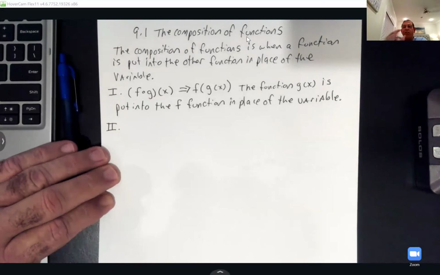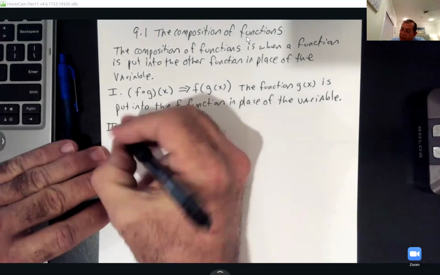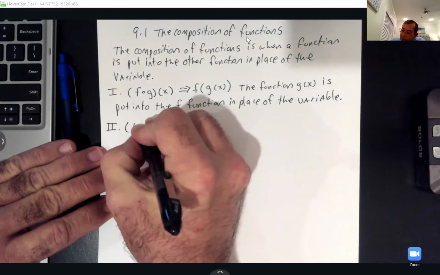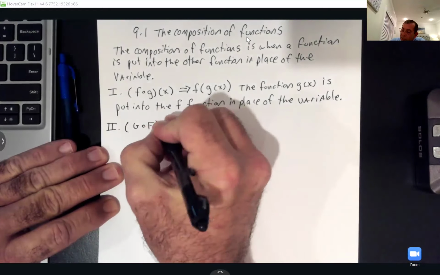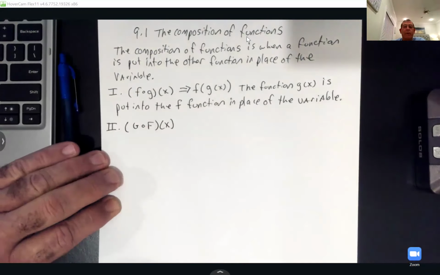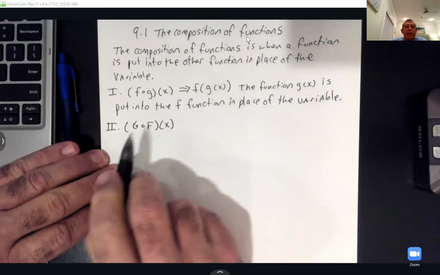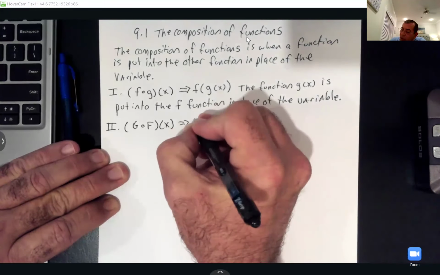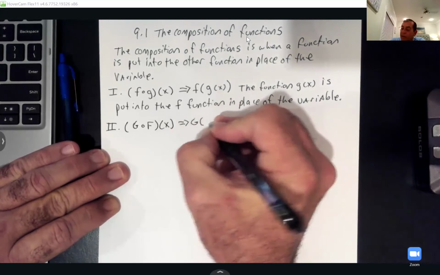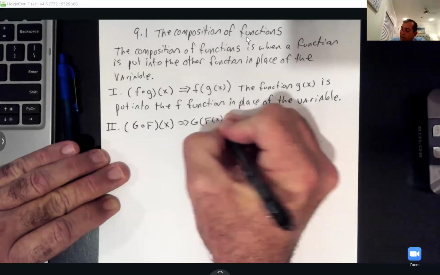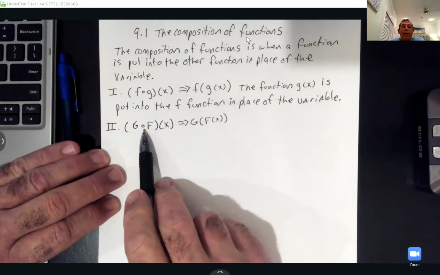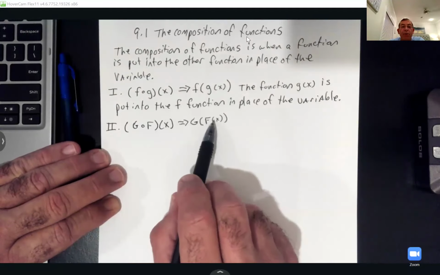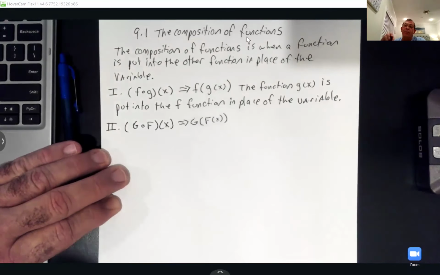The other way would be g compose f of x. All right, so g compose f of x is like g of f of x. So when we got this notation, the f of x function is put into the g function in place of the variable.